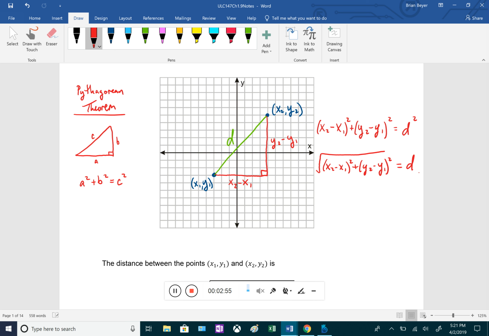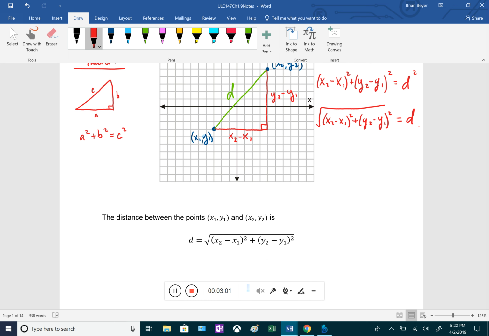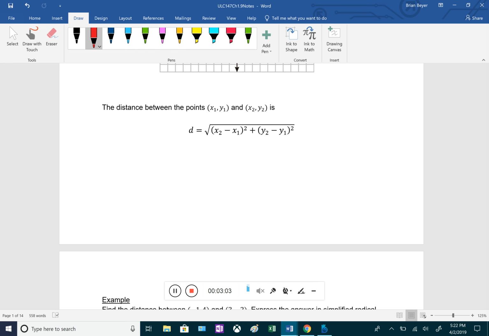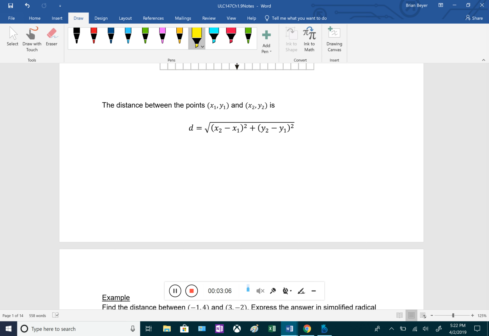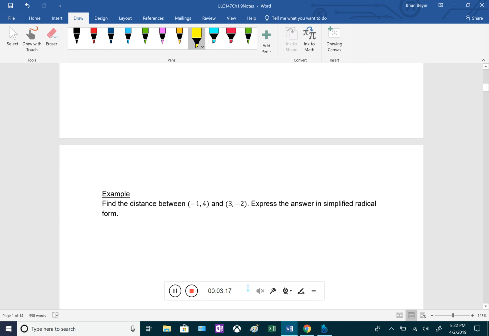So that actually gives us the distance formula. It's just the hypotenuse solved for in a right triangle that we created between 2 coordinates. So here it is more formally written. The distance between 2 points, x1, y1, and x2, y2, is the square root of x2 minus x1 squared plus y2 minus y1 squared. So let's do a couple examples here.